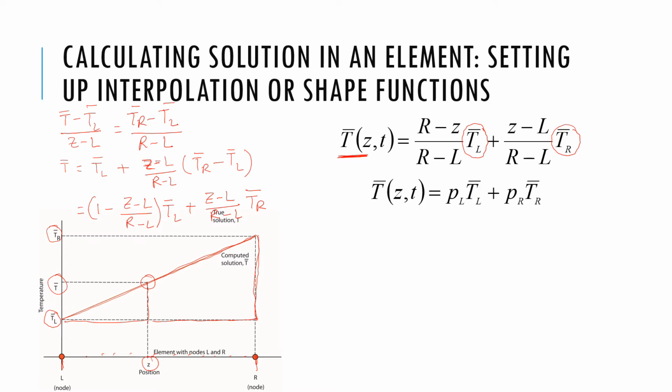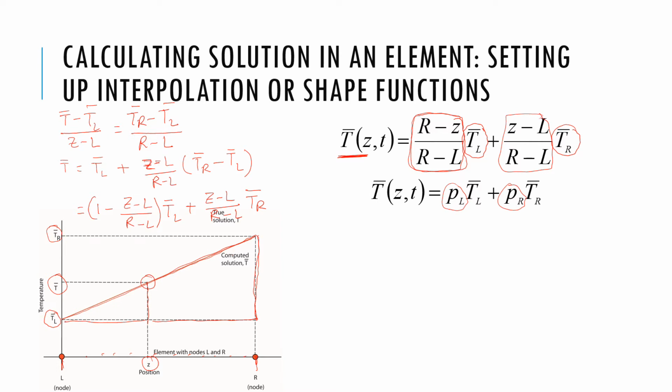Okay, so just making things simpler in terms of doing the algebra, we can call this part PL and we can call this one PR. Why PL and PR? Because in general, in a much more complex finite element development, these would be polynomials of other order. So here it's just a polynomial of degree 1.